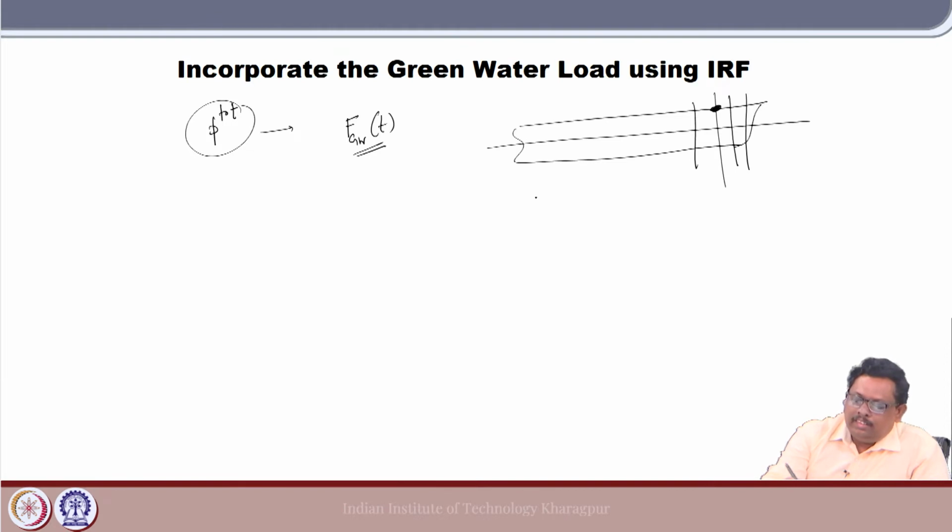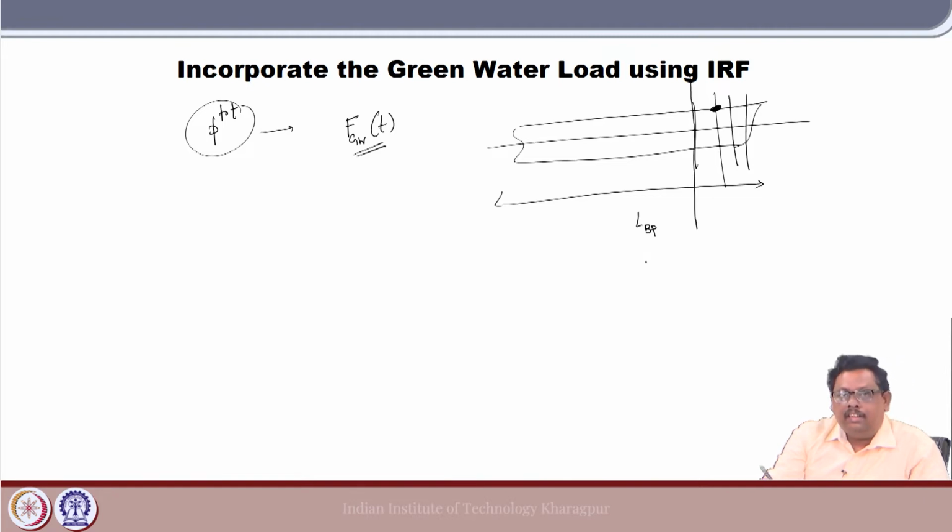Normally, LBP is the length between perpendiculars. So, we can try to figure out the green water load till LBP by 3, which may be a good estimation. Till LBP by 3 I can take a lot of stations, and at each station I can get the green water pressure.